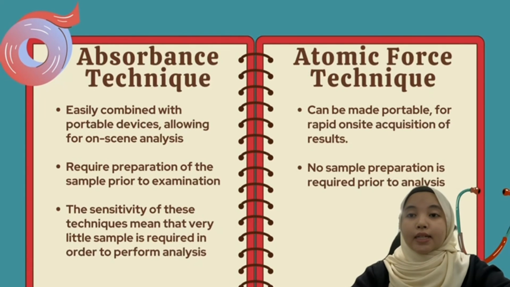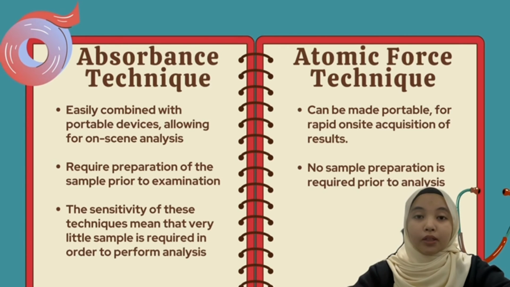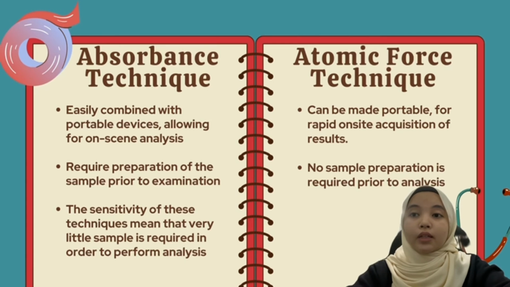Absorbance techniques such as UV visible spectroscopy are easily combined with portable devices, allowing for on-scene analysis, but they require preparation of the sample prior to examination, which is not favorable in situations where only a single small sample is available for testing.